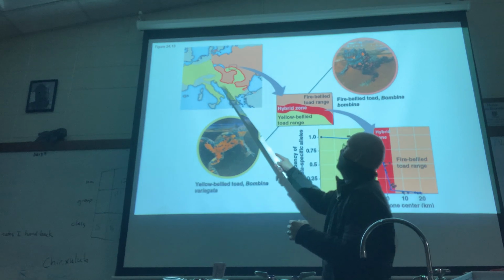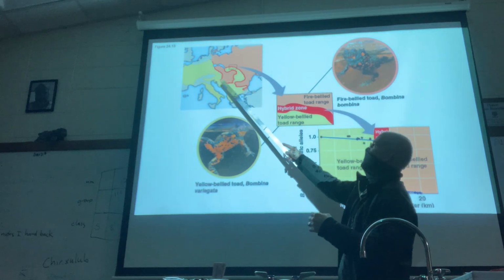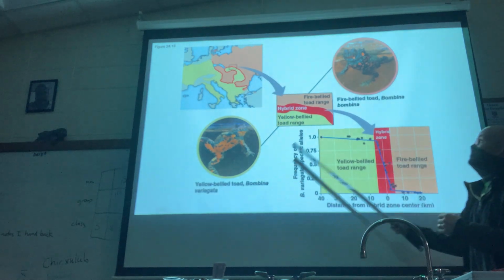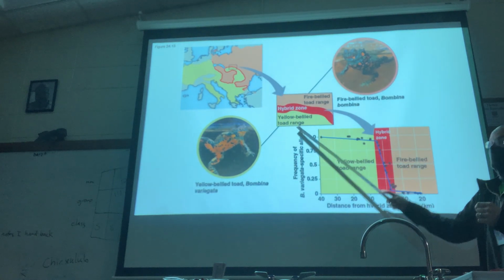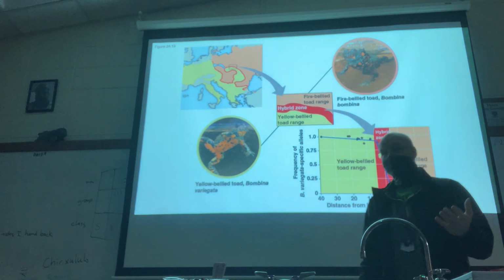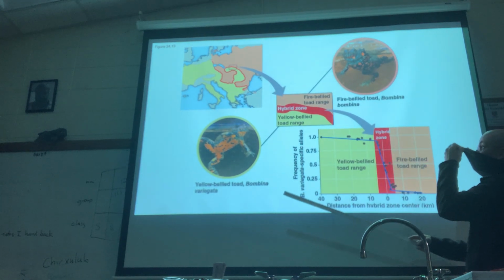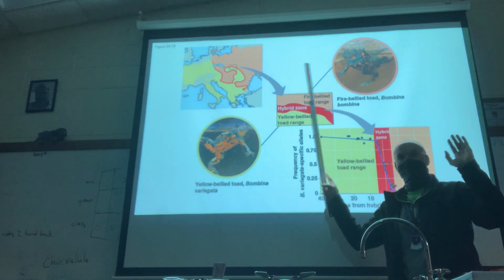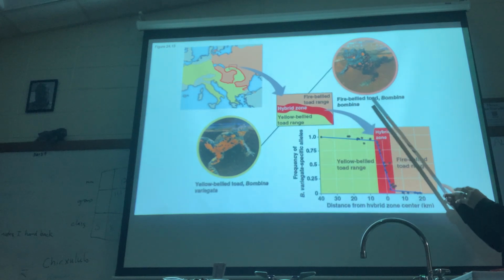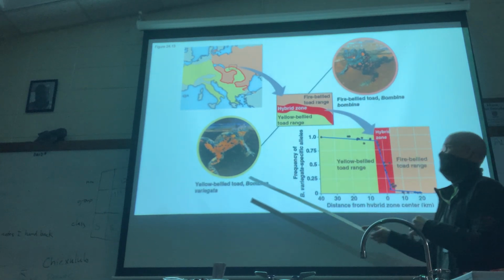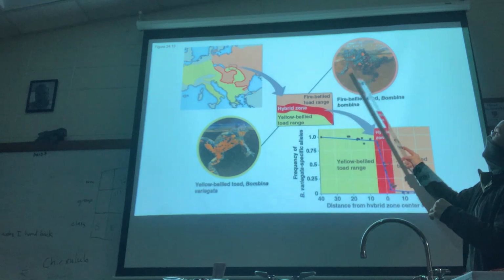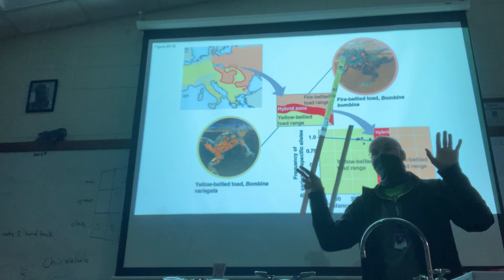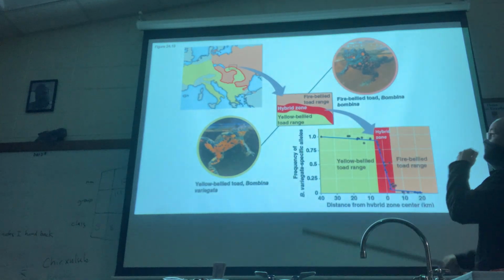You have yellow and red, or I guess yellow and a burnt orange, that represents two different types of toad that are very similar to one another in a lot of ways, but they do have a noticeable difference in color. And here they're called the fire-bellied and the yellow-bellied toad. So you can see that there are a lot of similarities, but they are significantly or noticeably different populations.